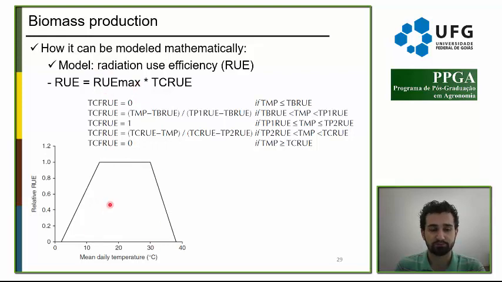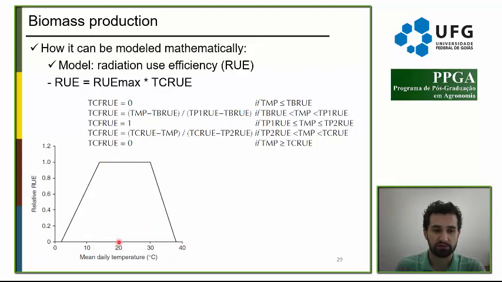Here we have an example where this maximum value is penalized by mean daily temperature, showing how this relative radiation use efficiency, represented by this curve, can be adjusted as a function of the air temperature.